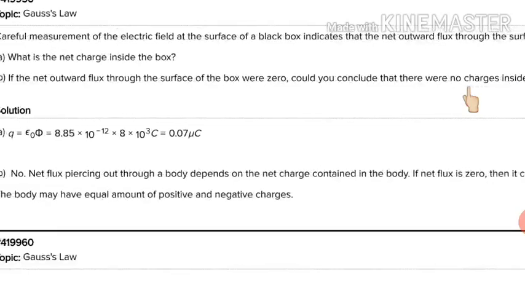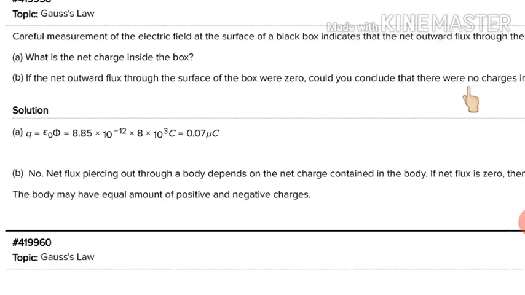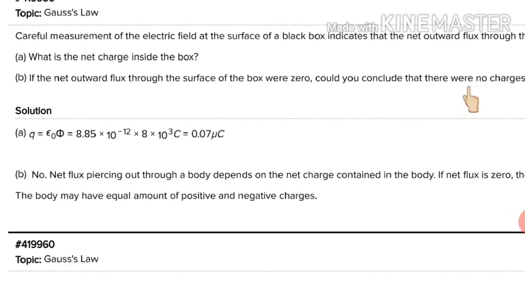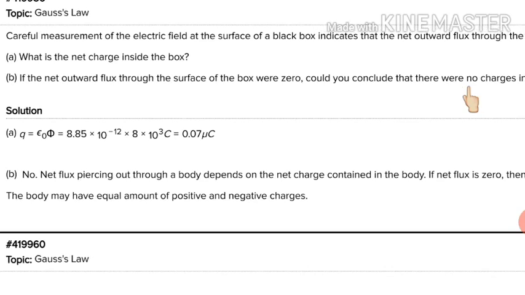Why or why not? Actually, whenever we talk about flux, we always talk about net charge. Net charge of a body could be 0, but it does not mean that the body does not have charge. It could be possible that the body has an equal number of positive and negative charges, and that's why the net charge is 0. So that's why it is written that net flux piercing out through a body depends on the net charge contained in the body.